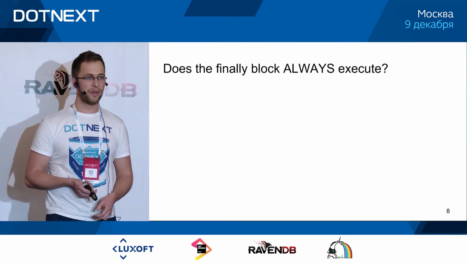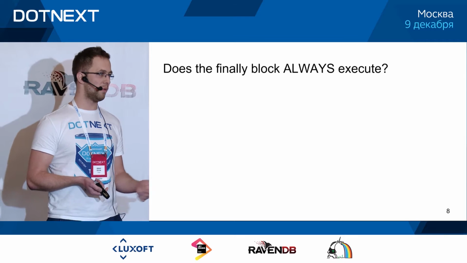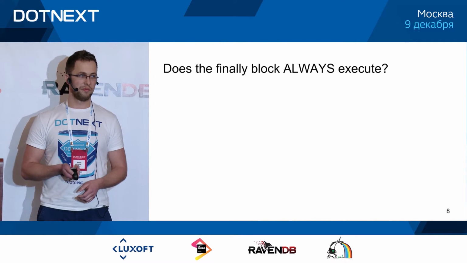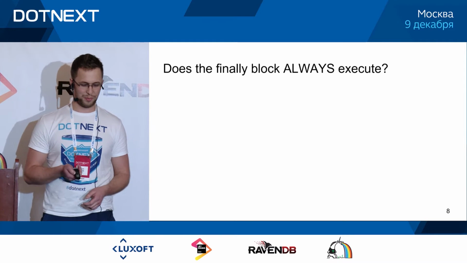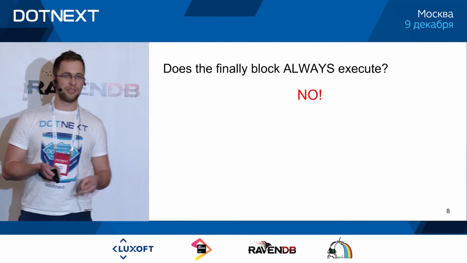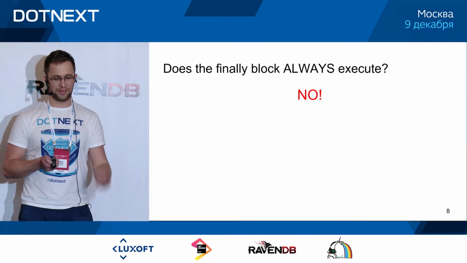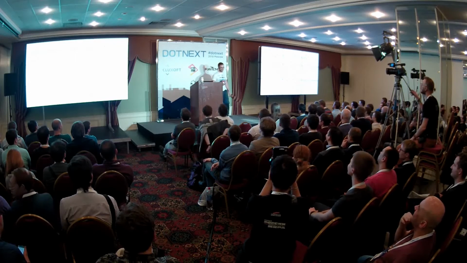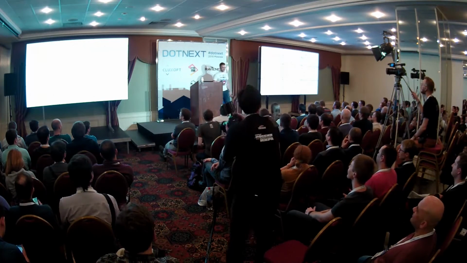So, speaking of finally, is it guaranteed to be always executed? No? Otherwise, I probably wouldn't ask this question. On Stack Overflow, I found two answers, but with some books, I got a few others.